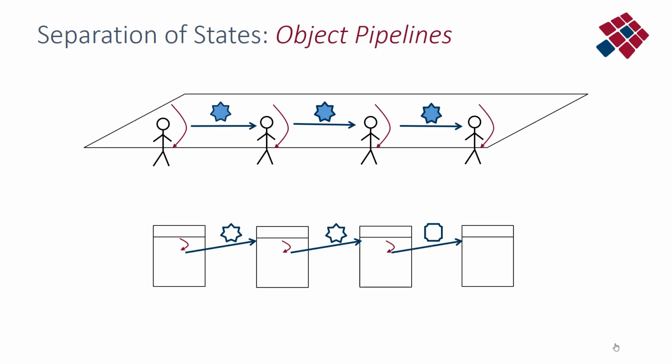So what basically happens is, if you had an assembly line of a car, you would add, for instance, a door to the car, and then a window, and then a handle, and then paint the door.